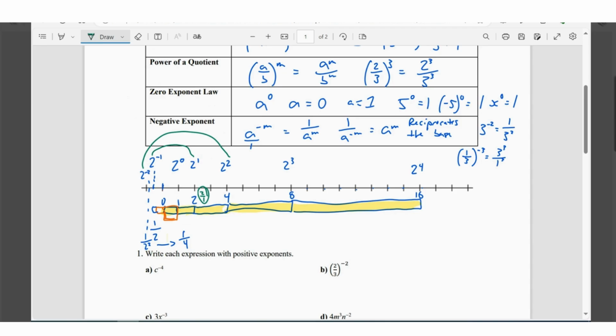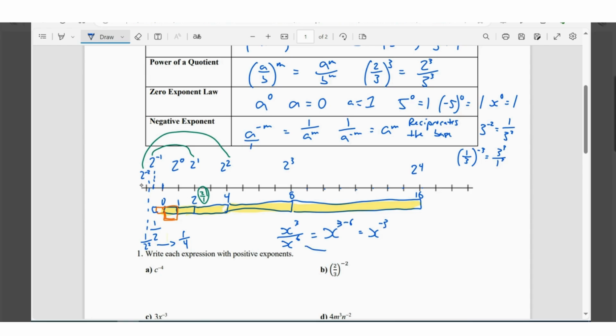One way that I want to show you that it works is using exponent laws. So say we had x to the 3 divided by x to the 6. That means we can have x to the power of 3 minus 6, and we're going to end up with x to the negative 3.